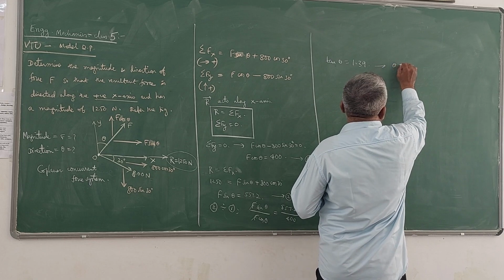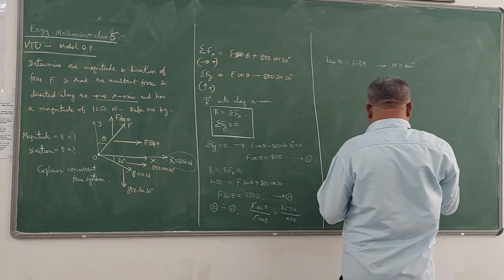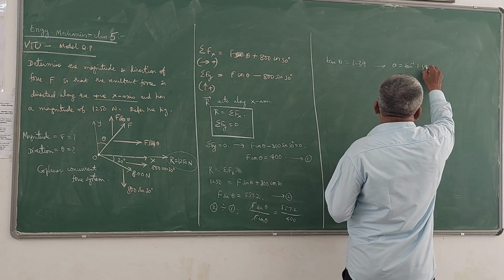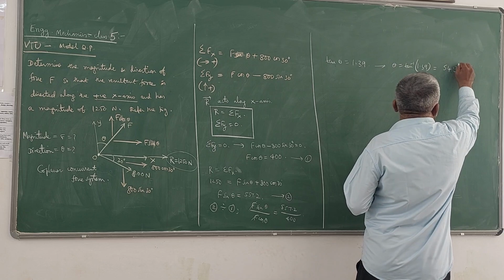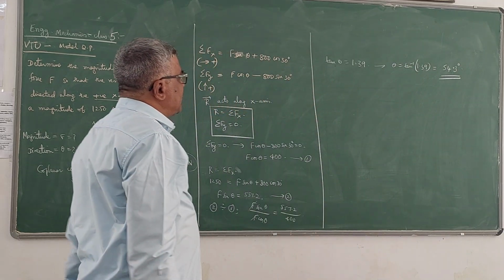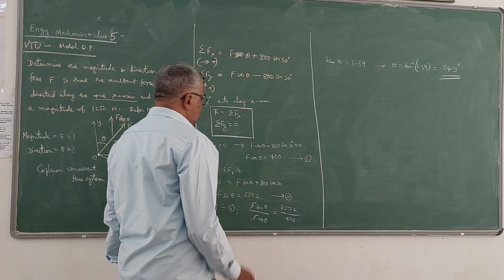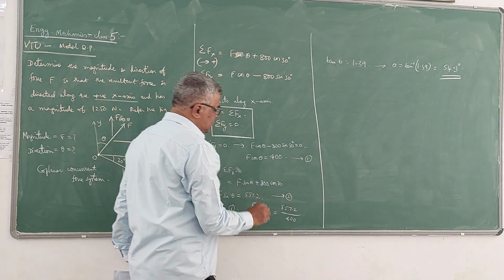From that you get theta equal to tan inverse of 1.39, which is 54.3 degrees. So the angle theta made by the unknown force F is 54.3 degrees. And if you want to find the unknown force F, you can substitute the value of theta either in equation 1 or equation 2.